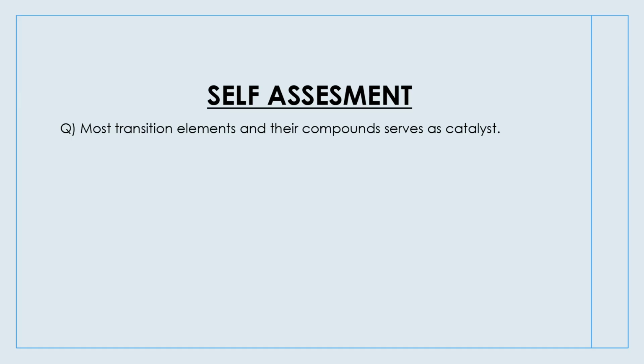So when you get this question in your board examination, you must write the complete answer. If you mention only one factor from these two, that is an incomplete answer. To attain full marks, you must mention both the factors, that is variable oxidation state and active sites on the surface.